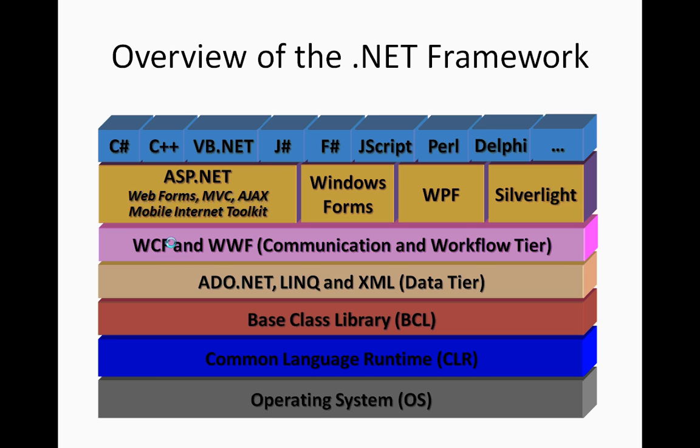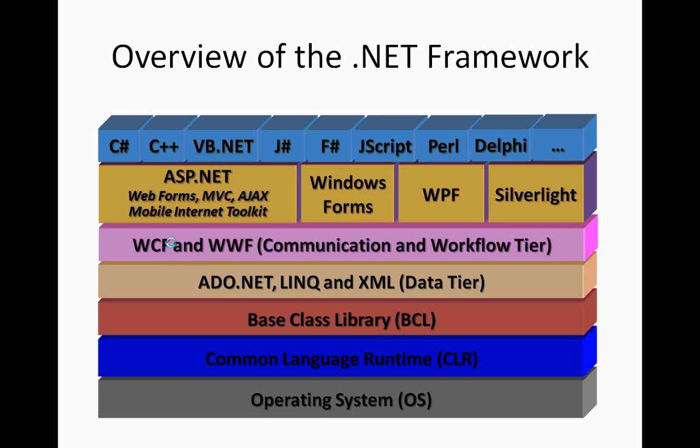Then we have Windows Forms, a set of classes we can use to develop desktop based applications. Then we have WPF, Windows Presentation Foundation, for rich GUI based desktop applications, and then Silverlight, for rich graphical web based applications. On top of this we have the .NET technologies. This is the primary reason we say .NET is a framework.